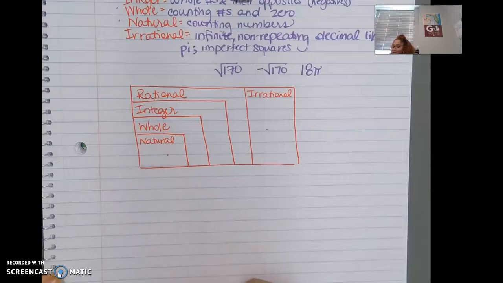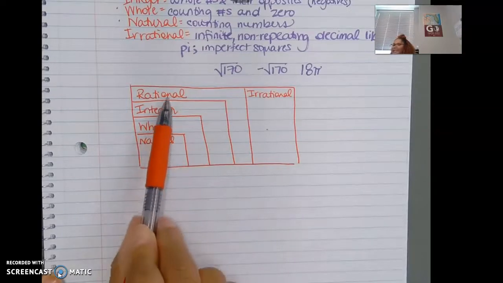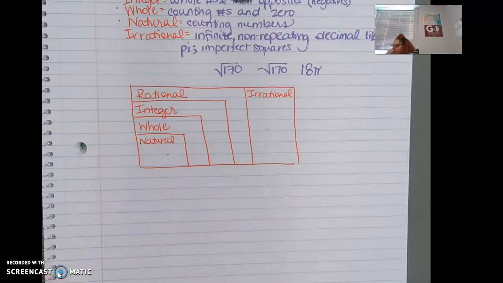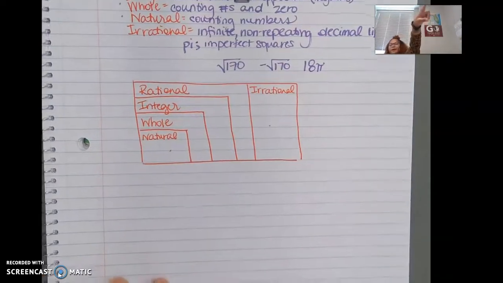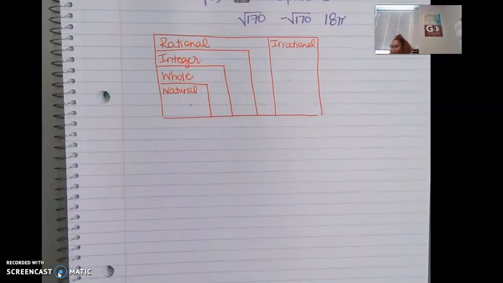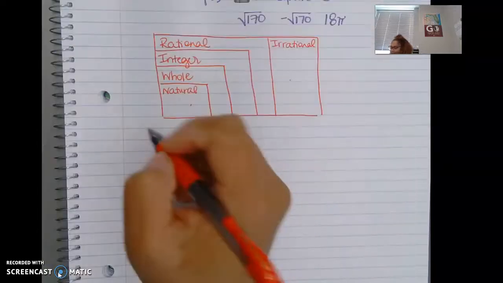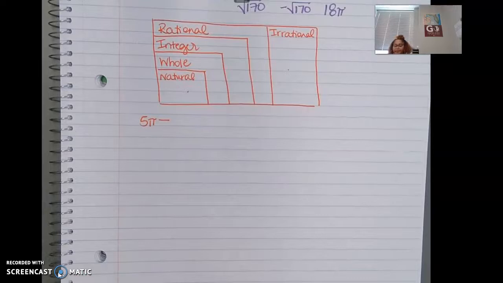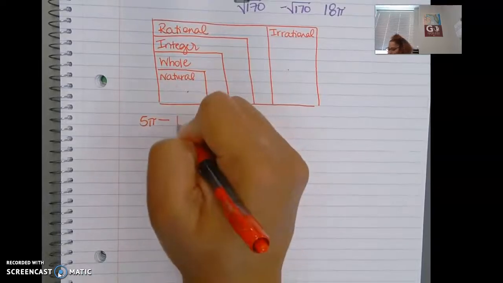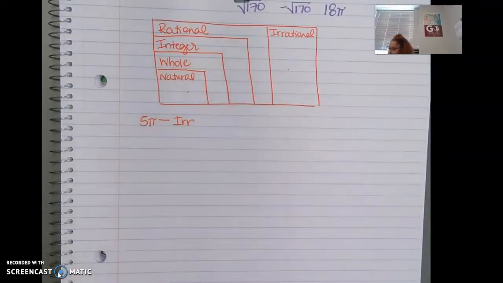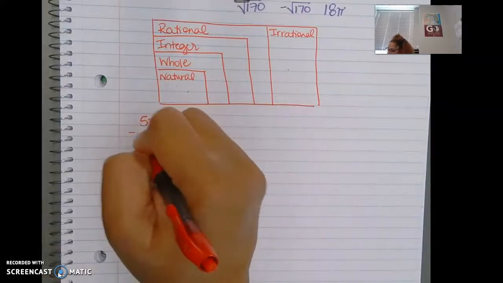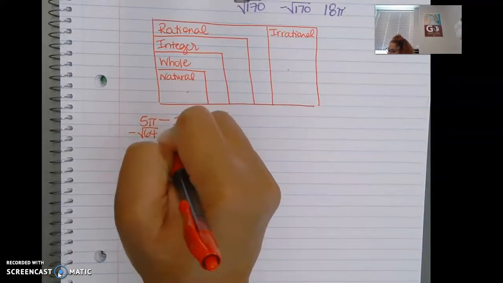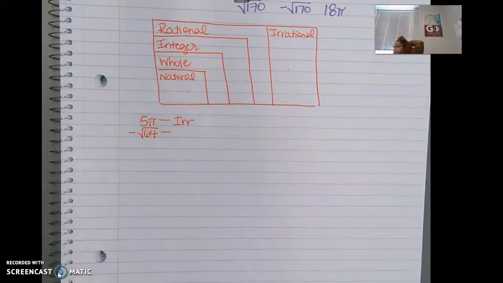But when I'm listing these numbers on number 1, I want to talk about where I would place it in this chart. So the first one up here on the board and also on my paper is 5 pi. So where would I place 5 pi? Irrational. The next one is the opposite of square root of 64. Put that in a calculator. Don't just guess, because I don't feel like you've memorized your perfect squares.